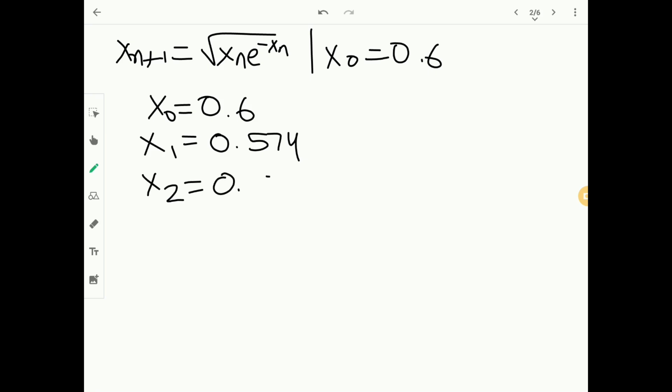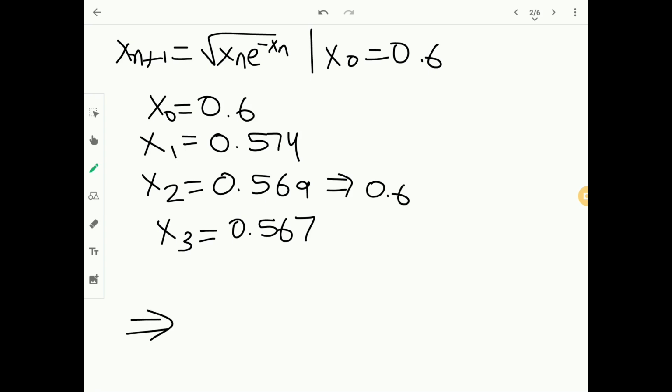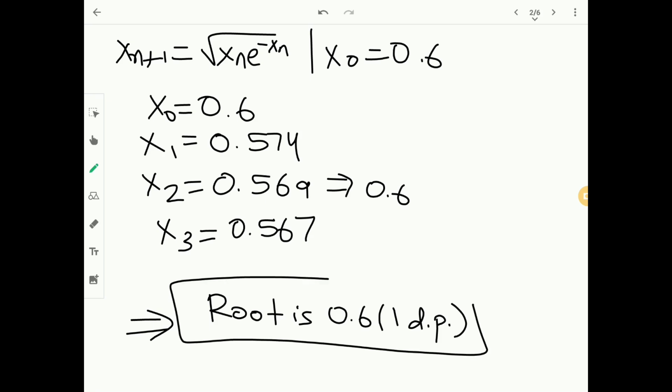The next value you get is 0.569, and maximum x3 you should take is 0.567. In all of these cases it's rounding to 0.6, so what we say is the root is 0.6 to one decimal place, and that's how you solve activity 2 number 1.